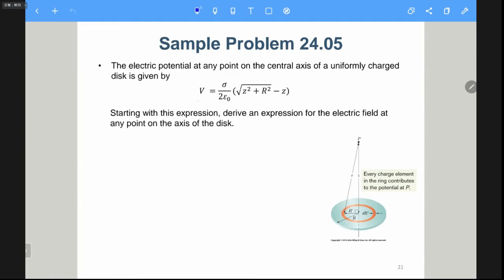You can just regard it as V of z, a function of z. All the other values are constant. We need to find the E field in the z direction, Ez, which is the negative partial derivative of V with respect to z.